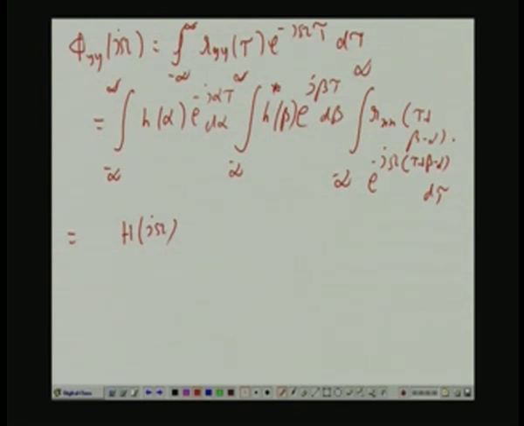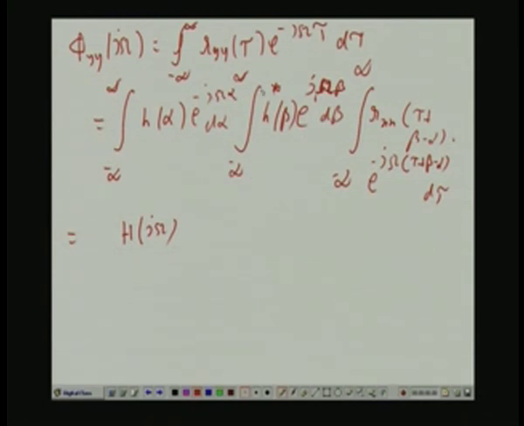The next quantity is to take the star out, so h(β) e to the power minus jωβ, that integral is again H. Sorry, this is not τ, this is ω. I was hurrying. So, ω α, ω β. Okay.